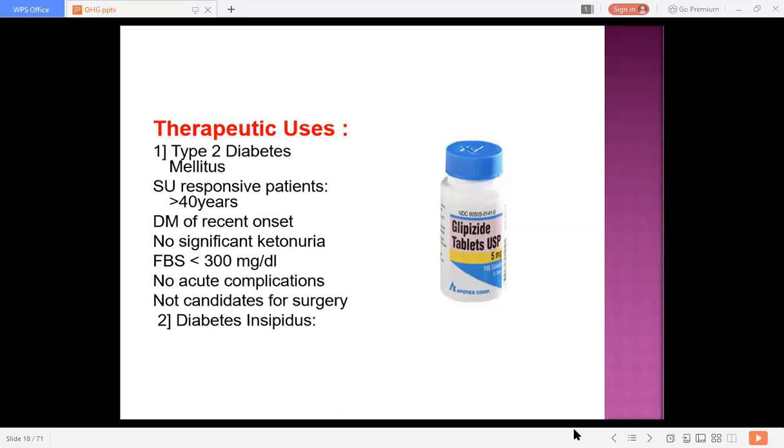That is, not to be given before surgery. Another use is diabetes insipidus. In some conditions, we give chlorpropamide in diabetes insipidus.